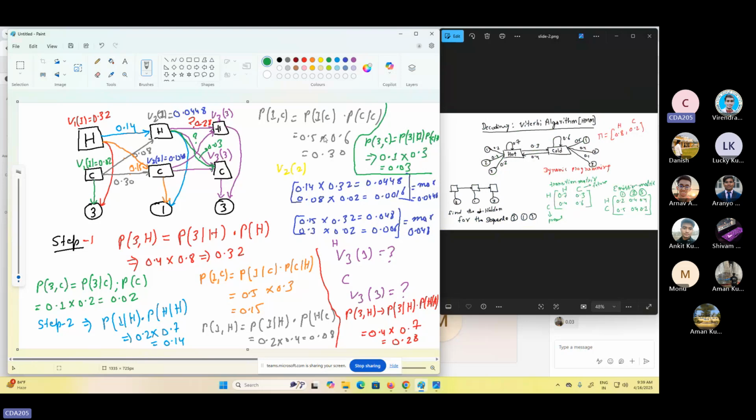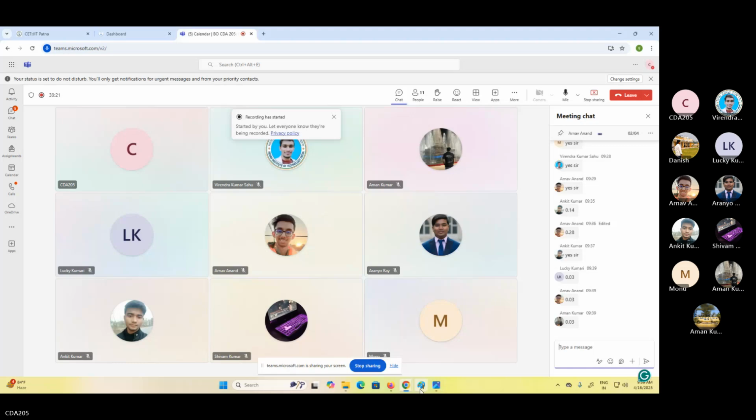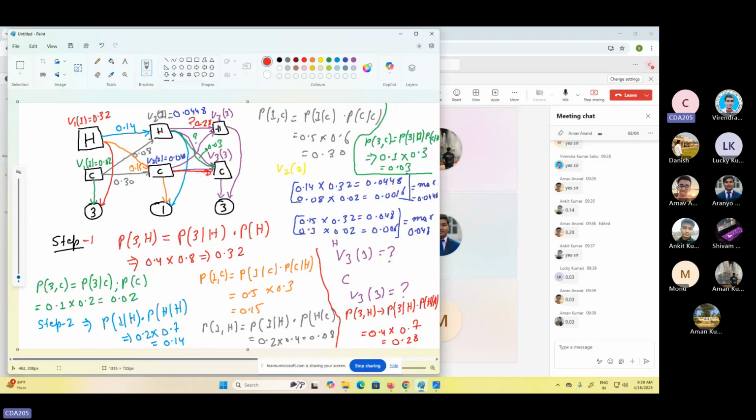Now calculate another one, that is C to C. Everyone calculate C to C. So for C to C, we have to calculate C to 3.